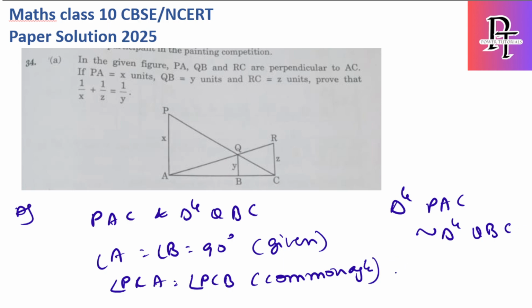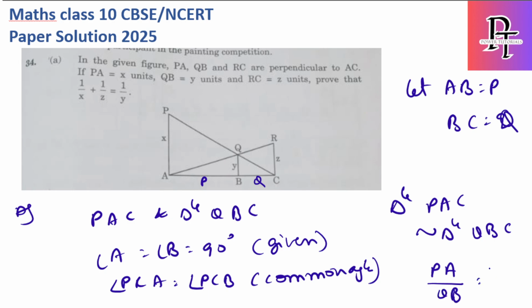So if triangles are similar, the ratios are proportional. But here, the first step is let AB be equal to P and BC be equal to Q. So this I'm assuming as P, this I'm assuming as Q. So what I will write: PA by QB is equal to AC by BC.